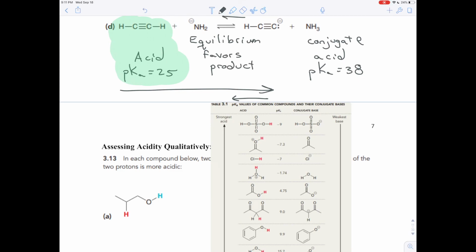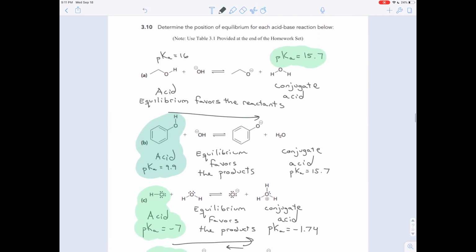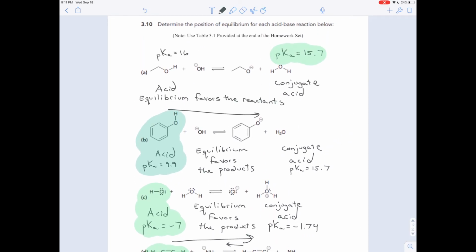You make more products at equilibrium. You have more products at equilibrium than reactants. So this is just an application of using a pKa to compare the strength of 2 acids. The stronger acid pushes the equilibrium in the direction that the acid wants to go, giving away its H.